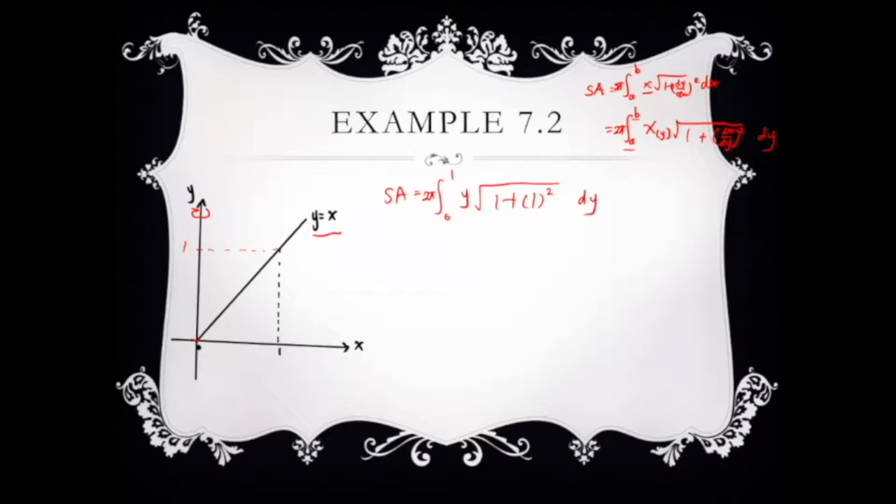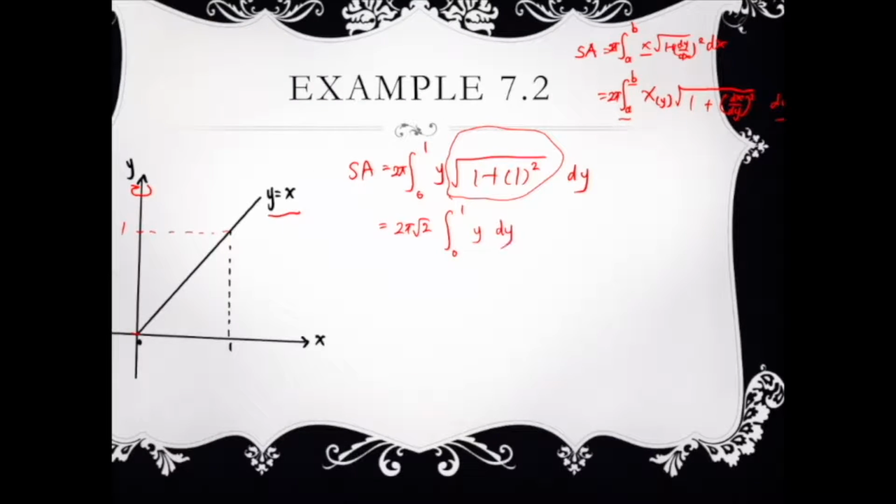Now we can move this entire root out because this is a constant, and it becomes 2 pi root 2 of integration from 0 to 1 of y dy, and this becomes 2 pi root 2 of y squared over 2 from y equals 0 to y equals 1, and the entire thing becomes 2 pi root 2 over 2 minus 0, which equals pi root 2.